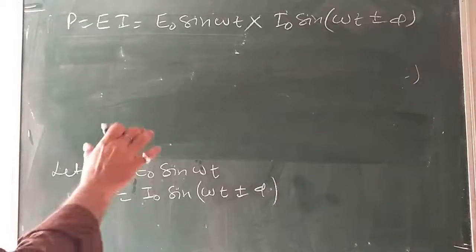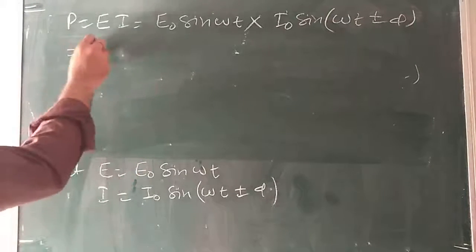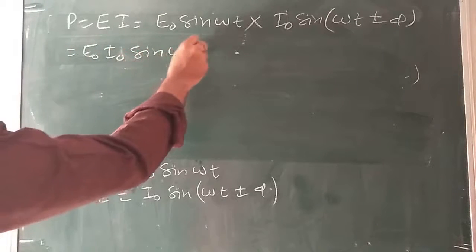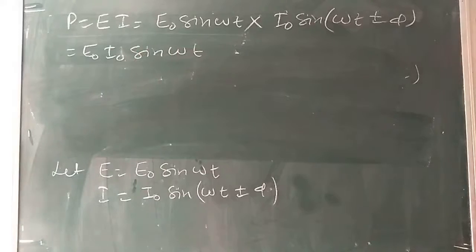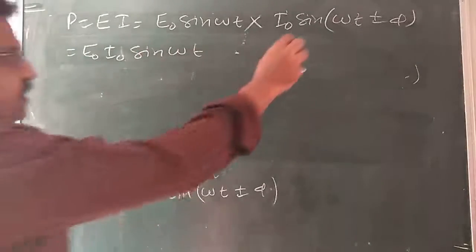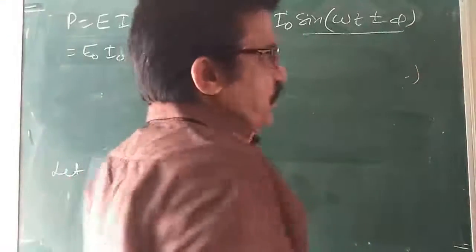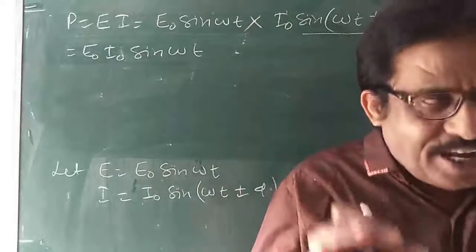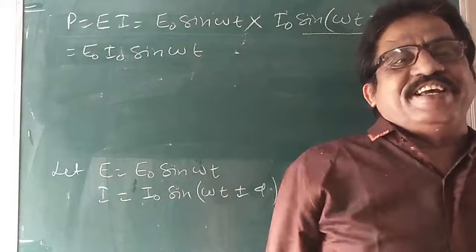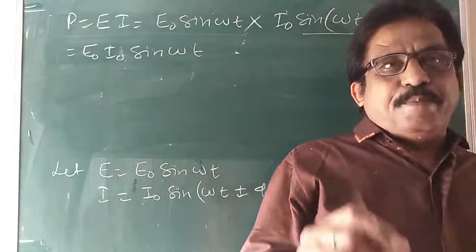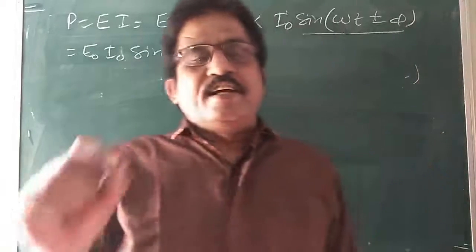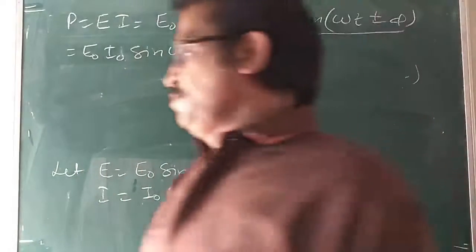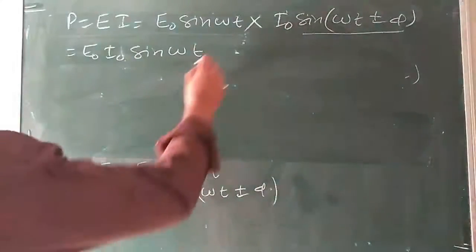So I can write here E naught I naught sine omega t, and here sine of A plus B. Dear children, we know the trigonometrical formula: sine A plus B equals sine A cos B plus cos A sine B. So we are using that formula here.